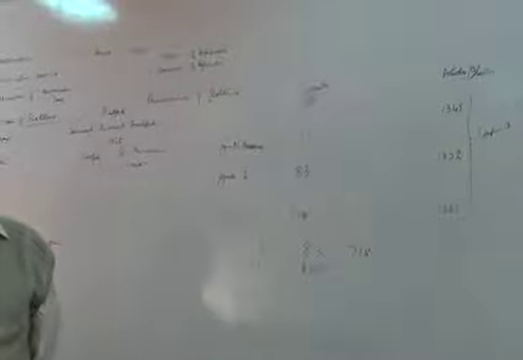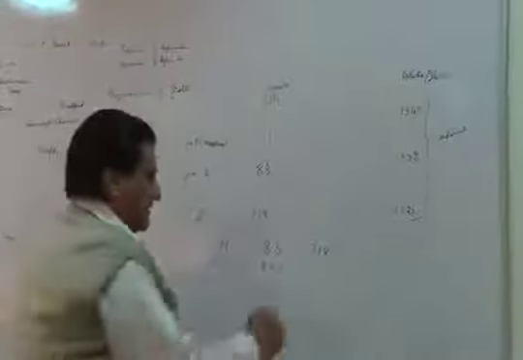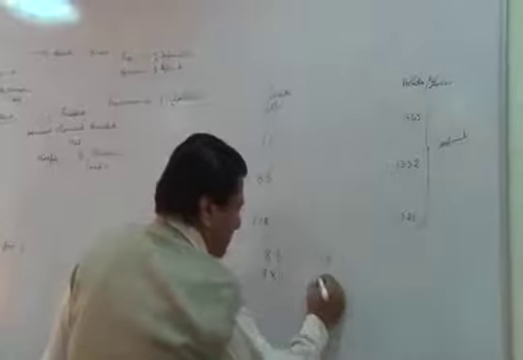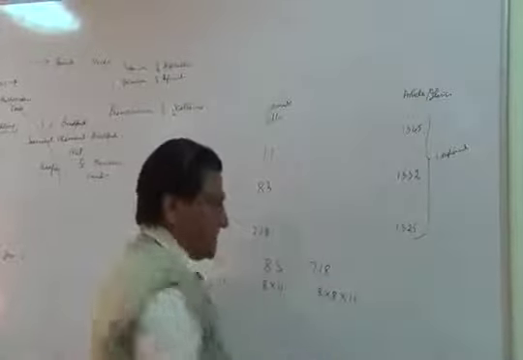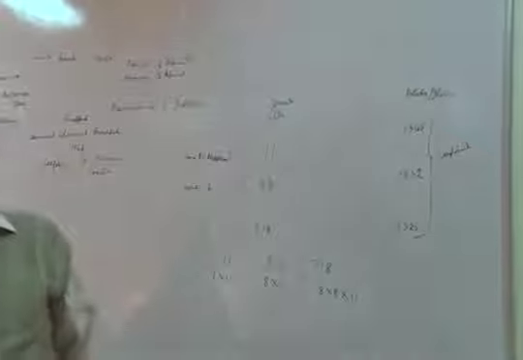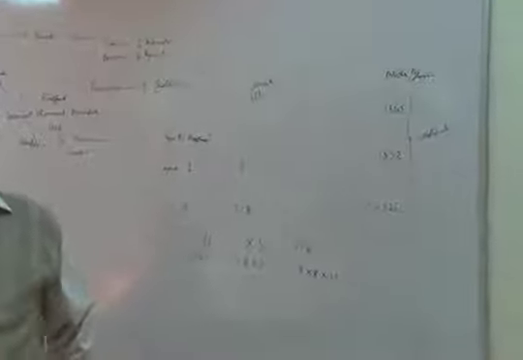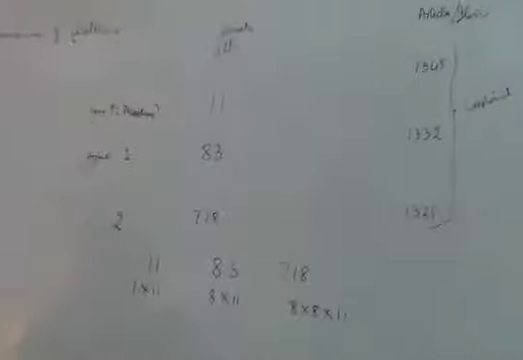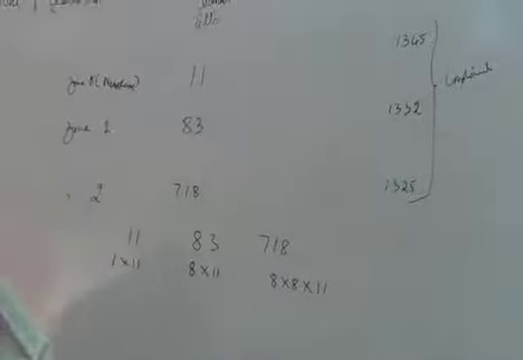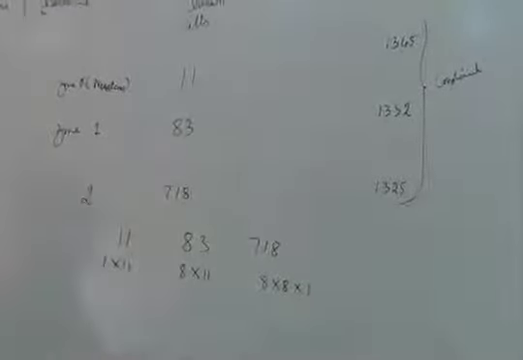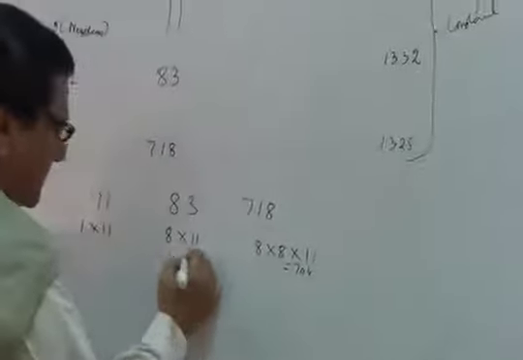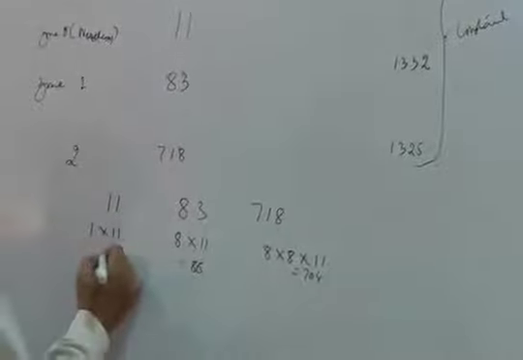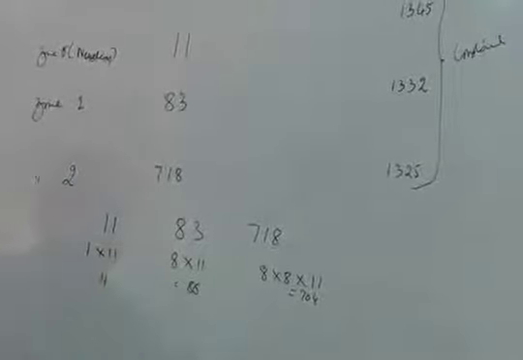And if 8 is a multiple here, then 8 into 8 into 11 will be how much? 704. So this becomes 704, this becomes 88, this becomes 11.